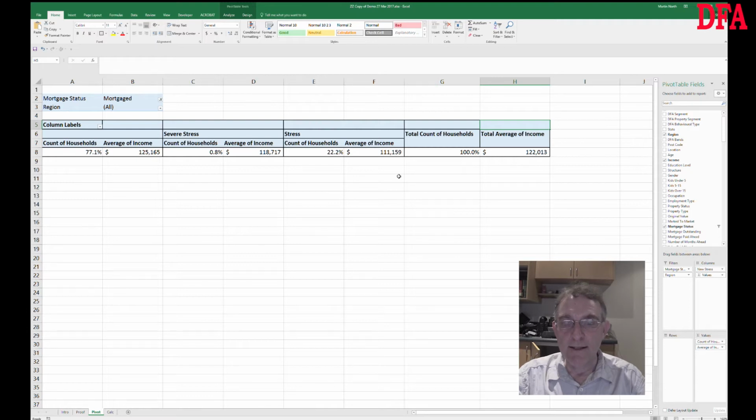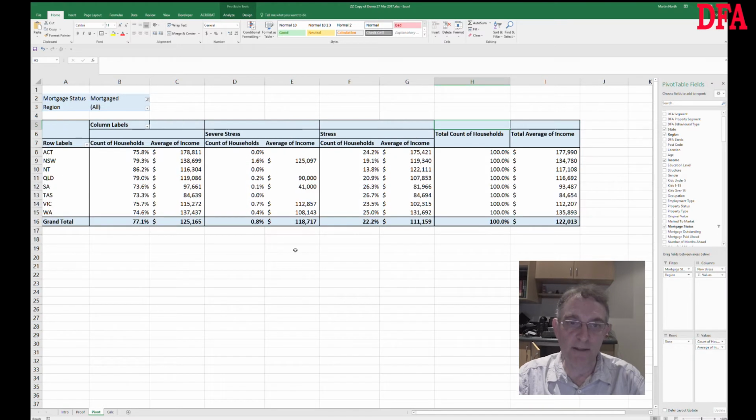Now let's start drilling down into some of the data that we have available. The first way we're going to look at this information is by state. We can just drop the state view over the top. This now gives us the same information as previously, but aligned to the various states.